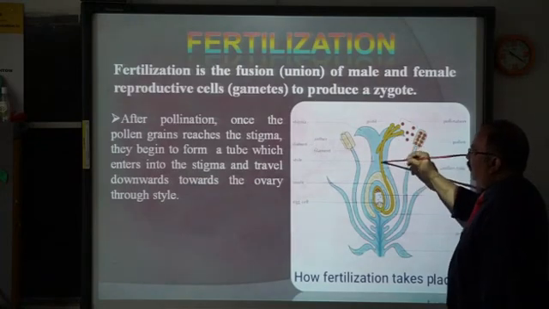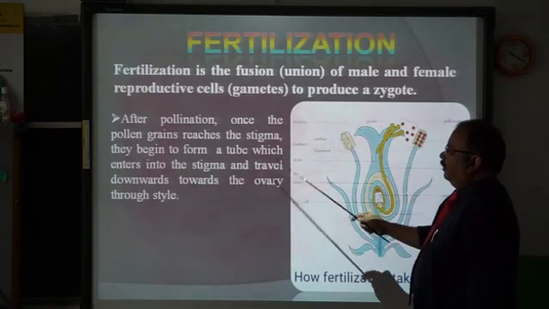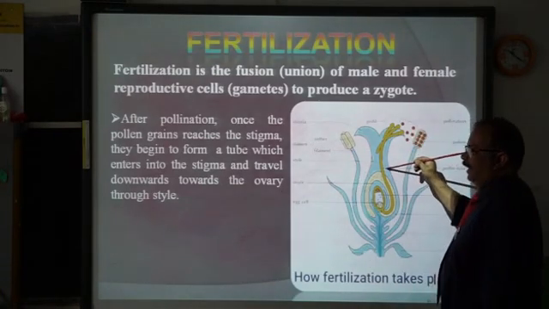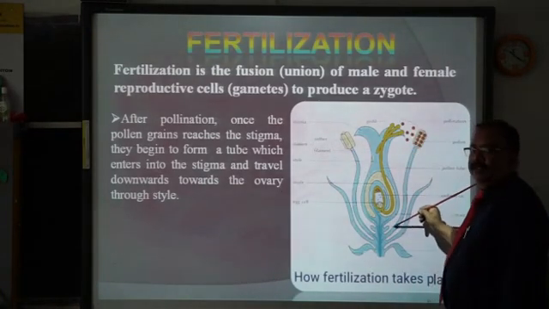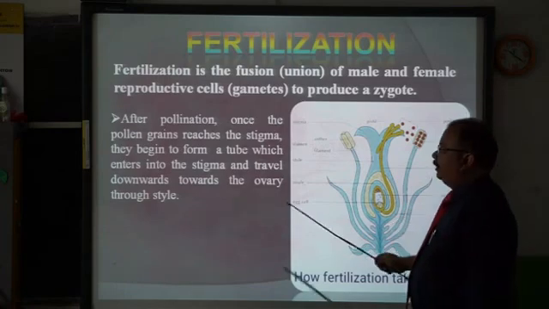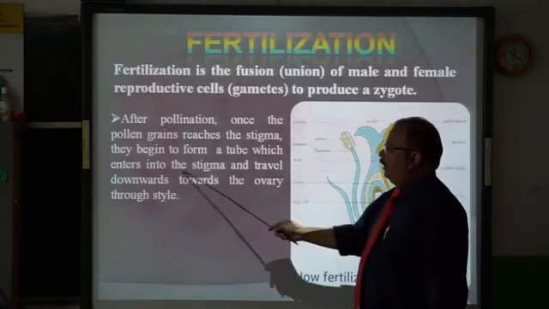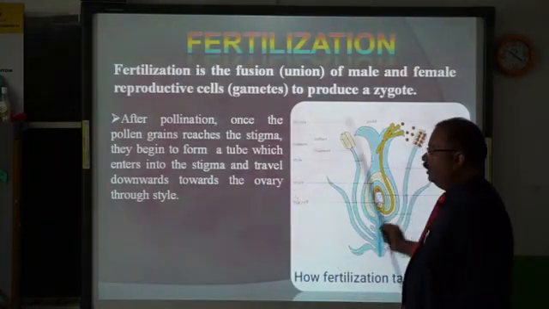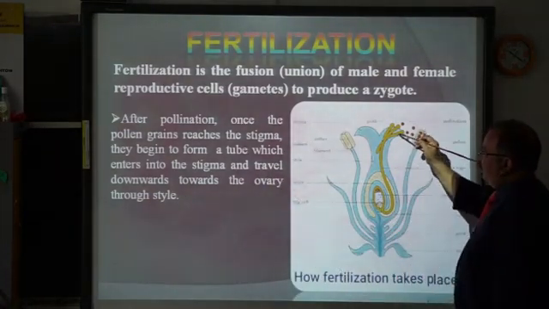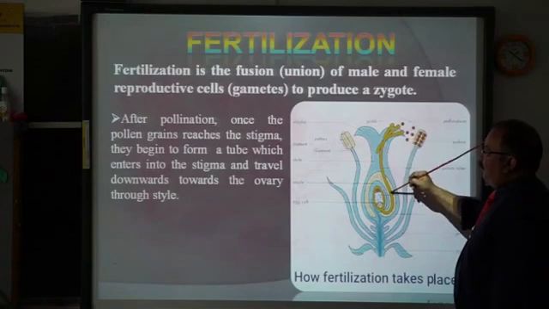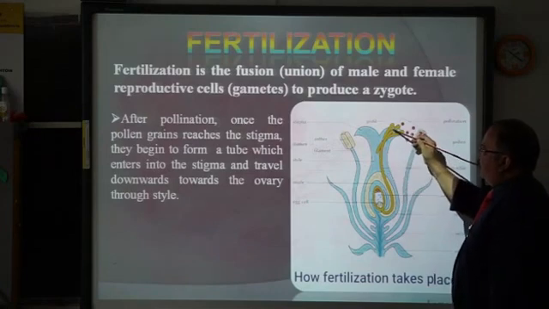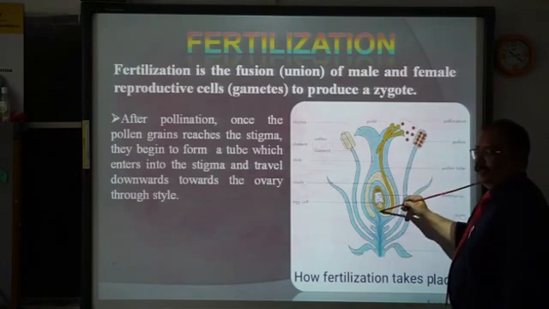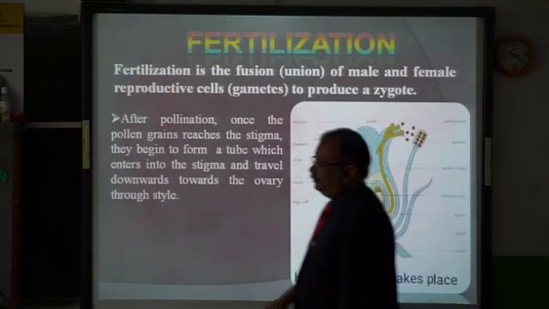So they begin to form a tube which enters into the stigma. From here it goes to the style and travels downwards towards the ovary. So that's what is written here. Okay, so this yellow tube you can see it is developed, it is going towards the ovary. Ultimately it reaches the ovary.